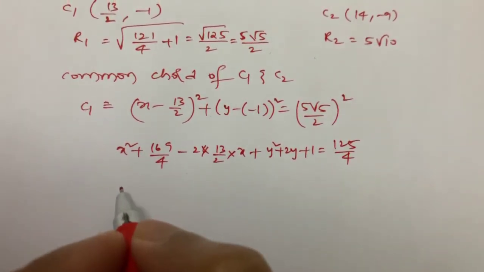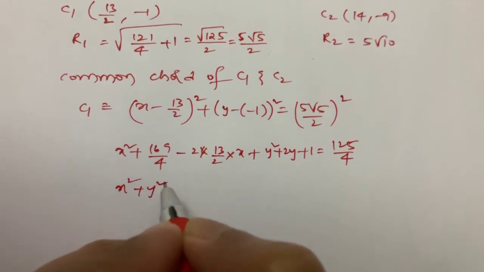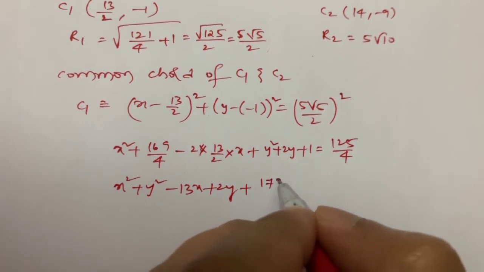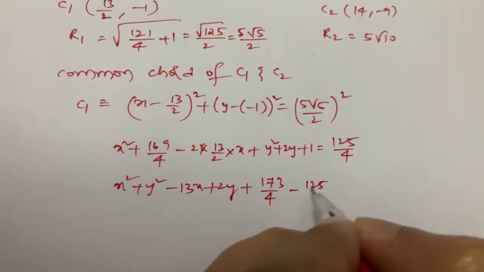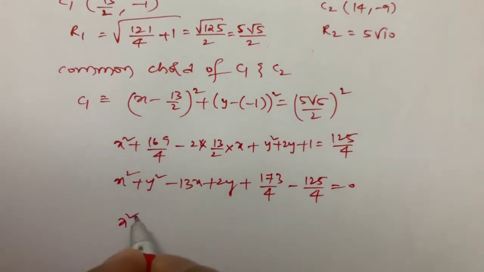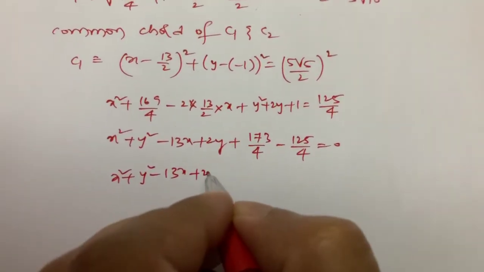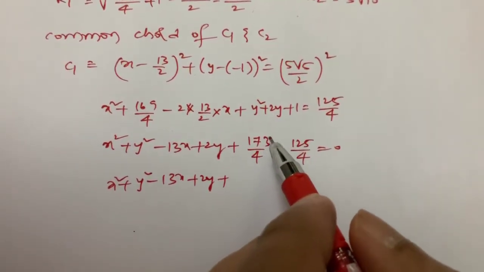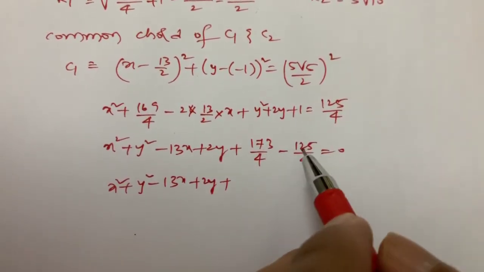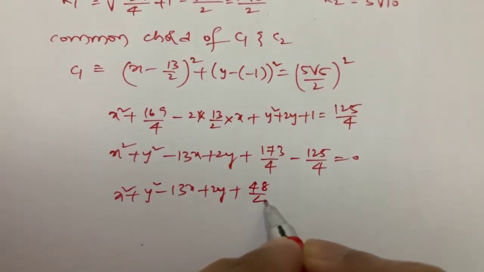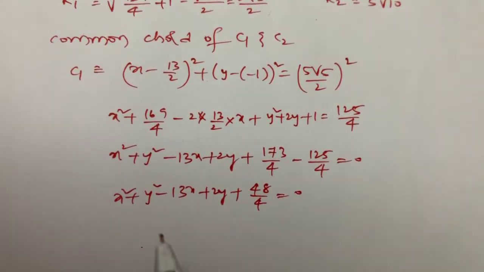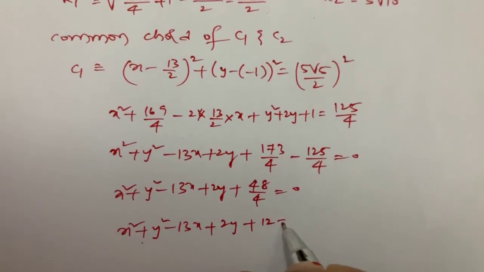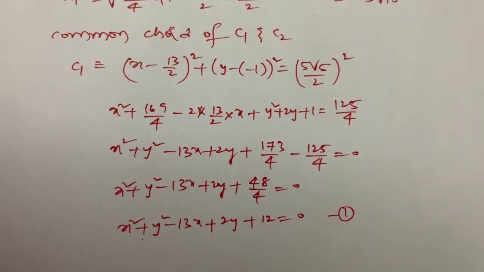So this is x square plus y square minus 13x plus 2y plus 173 by 4 minus 125 by 4 is equal to 0. So x square plus y square minus 13x plus 2y plus 12 is equal to 0. Let's call this 1.